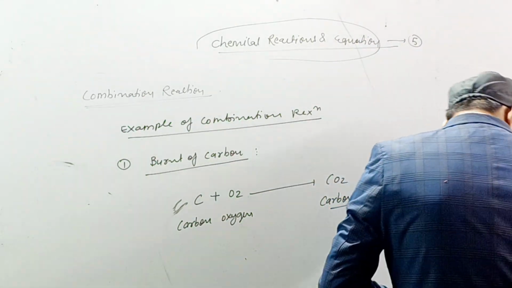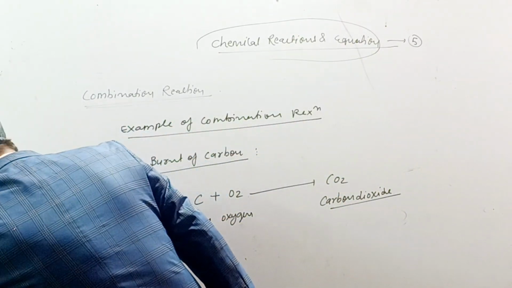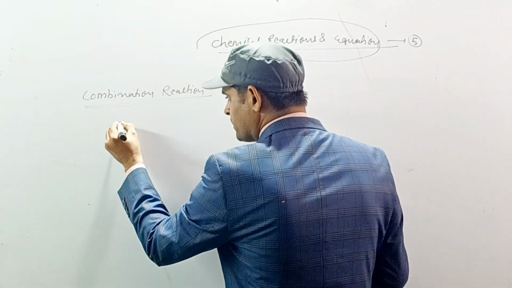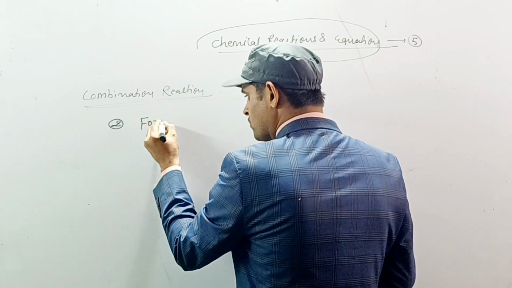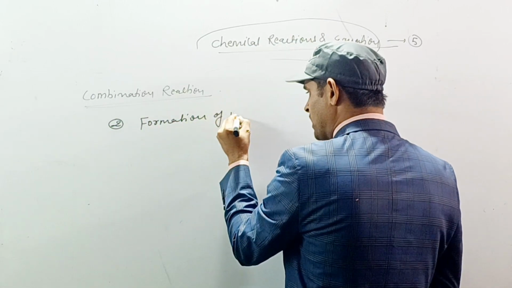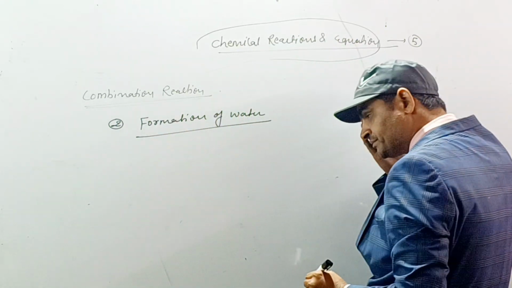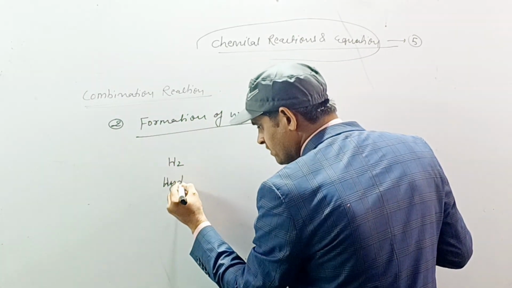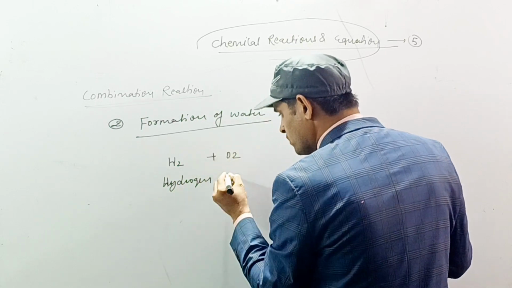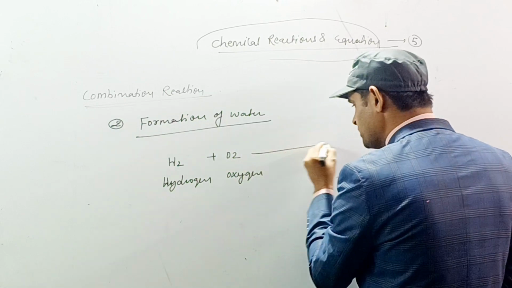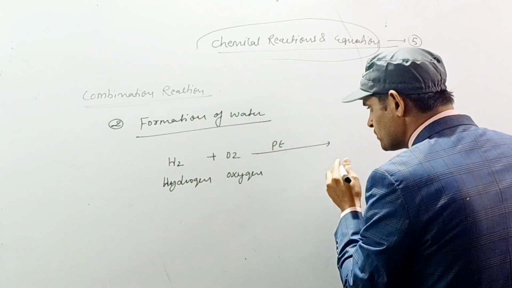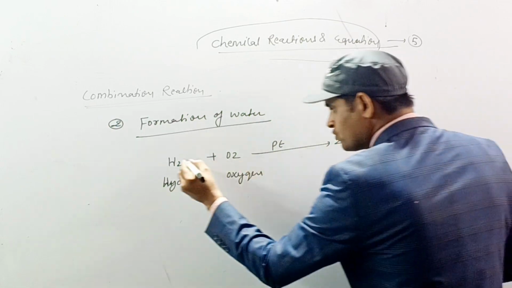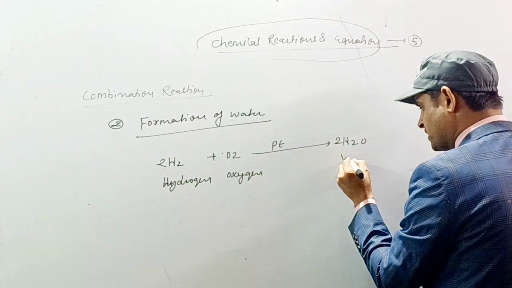Another example is formation of water. H2, hydrogen, and O2, oxygen, in the presence of platinum form H2O. 2 and 2, here is water.